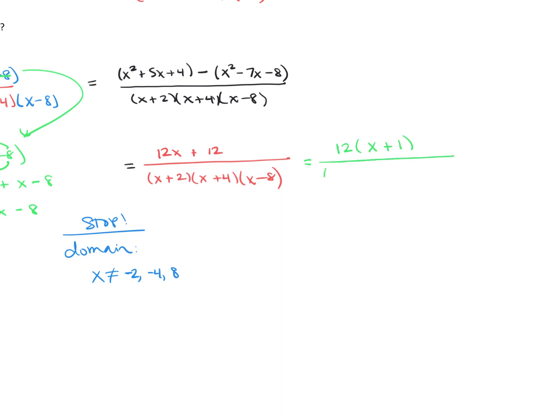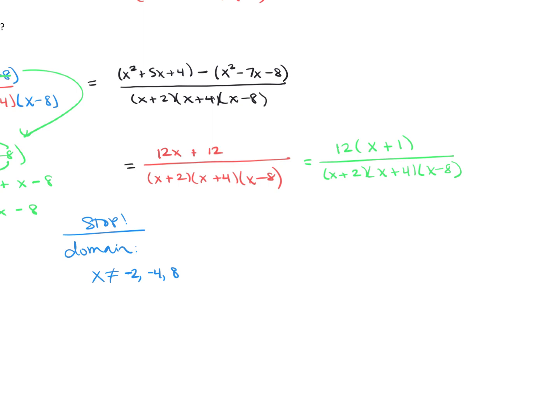Our denominator, x plus 2, x plus 4, x minus 8. Now that everything's factored, does anything cancel out? We've got a 12 on top. I don't have a factor of 12 on the bottom. We have an x plus 1 on top. Do we have a factor of x plus 1 on the bottom? We do not. So sometimes nothing simplifies away, and this is our final answer.